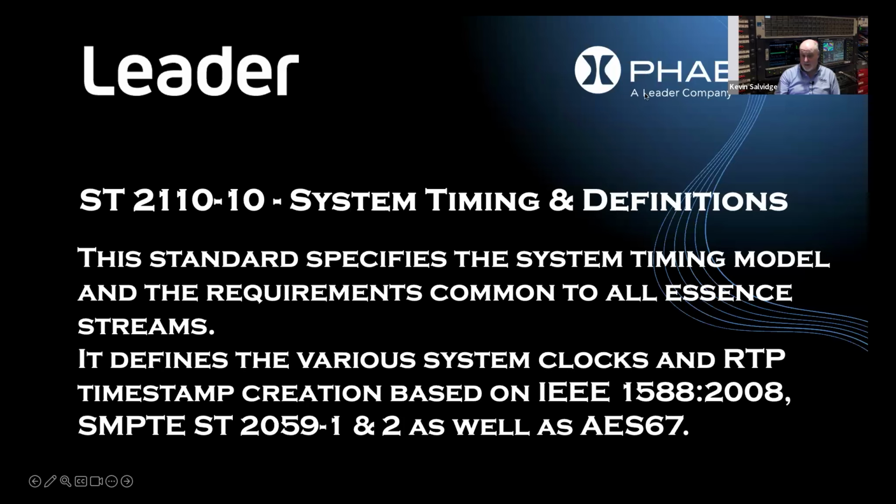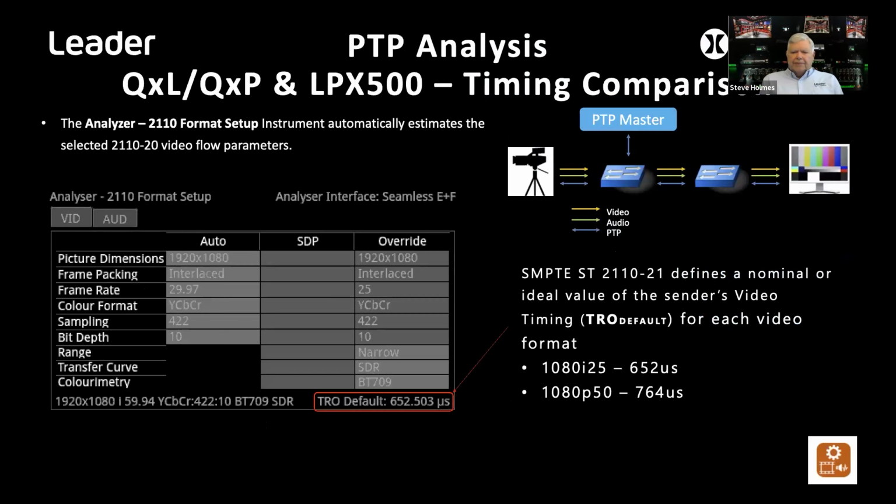So once again, we're building on something that already exists. We're not the first people to do this. Yeah. PTP has been around for a long time. It's not new at all.